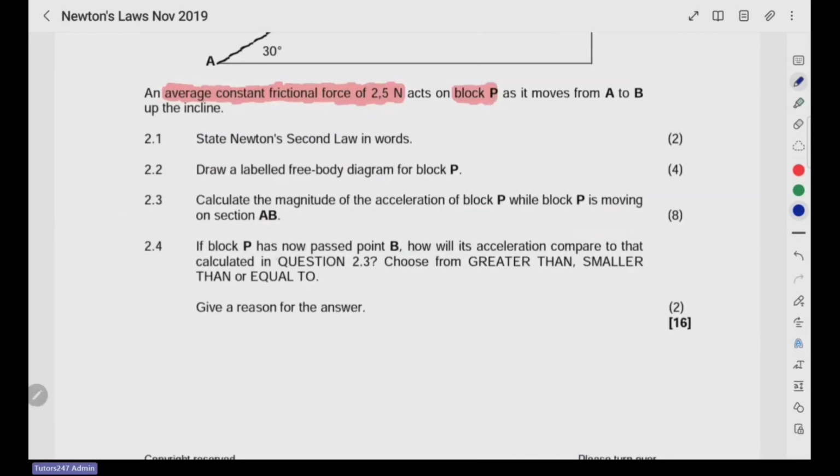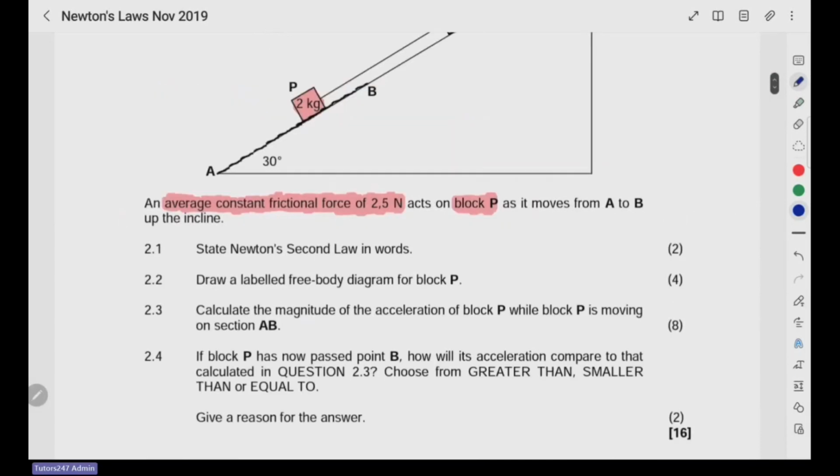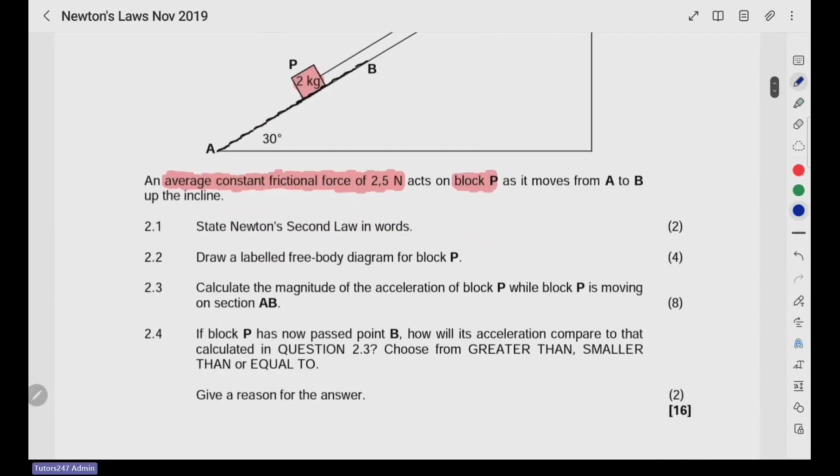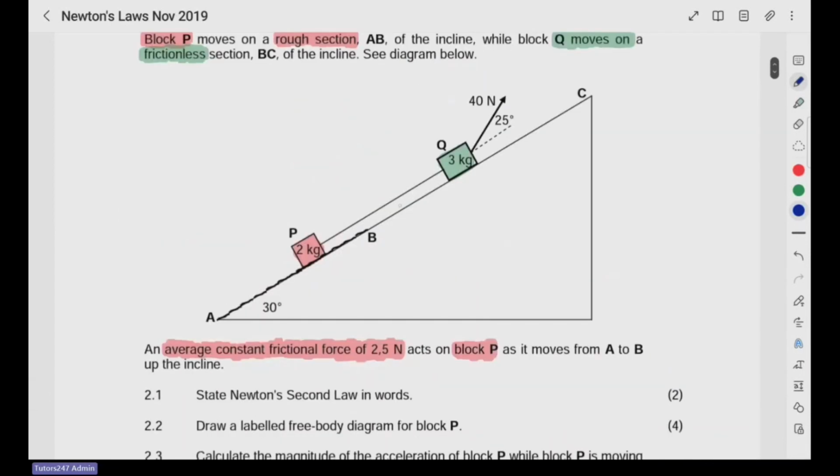If block P has now passed point B, how will its acceleration compare to that calculated in 2.3? Choose from greater than, smaller than, or equal to. So they're saying that block P has now passed point B. So block P is now here in the no friction area. Okay, so this is where block P is now.